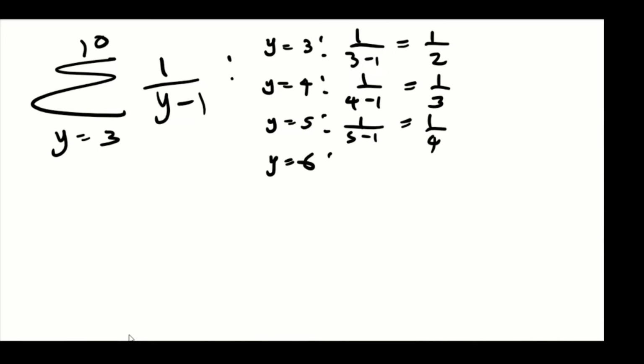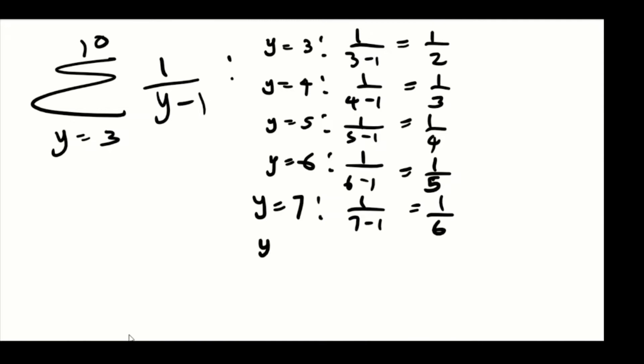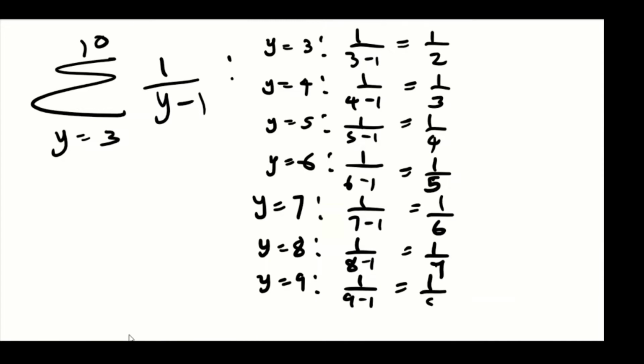Y is equal to 6, we have 1 over 6 minus 1 is equal to 1 over 5. Y is equal to 7, we have 1 over 7 minus 1 is equal to 1 over 6. Y is equal to 8, we have 1 over 8 minus 1 is equal to 1 over 7. Y is equal to 9, 1 over 9 minus 1 equals 1 over 8. Y is equal to 10, we have 1 over 10 minus 1 is equal to 1 over 9.